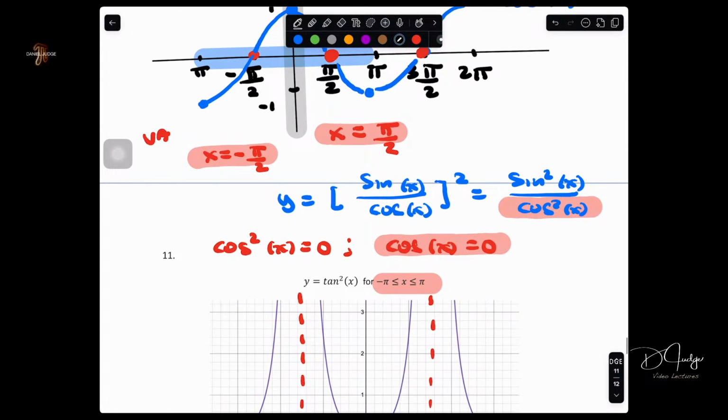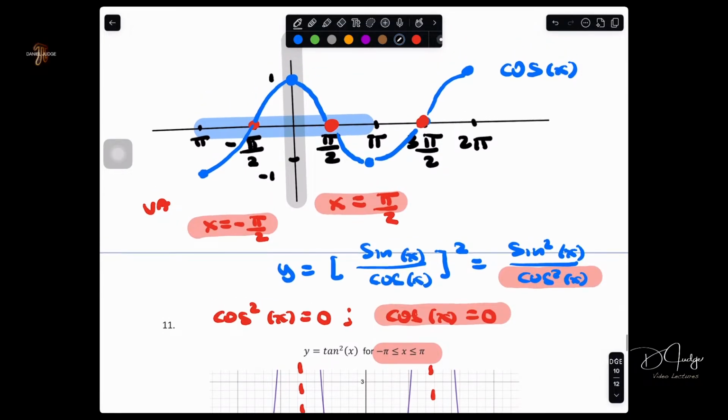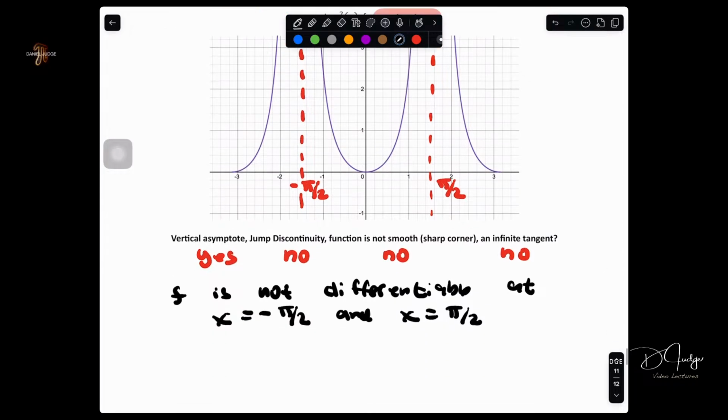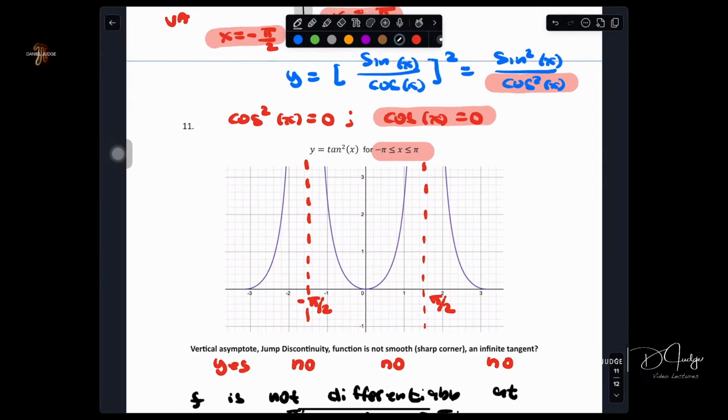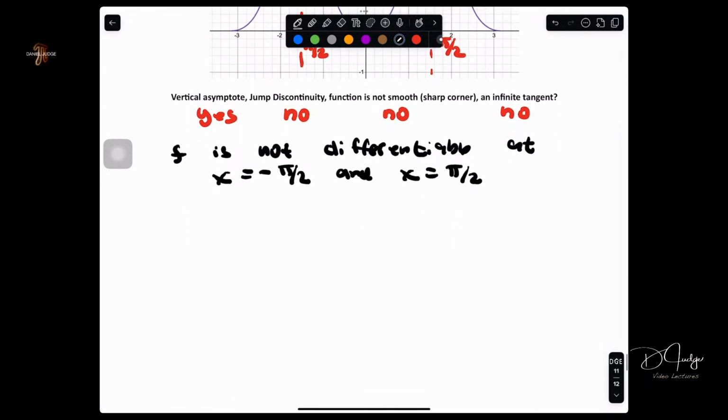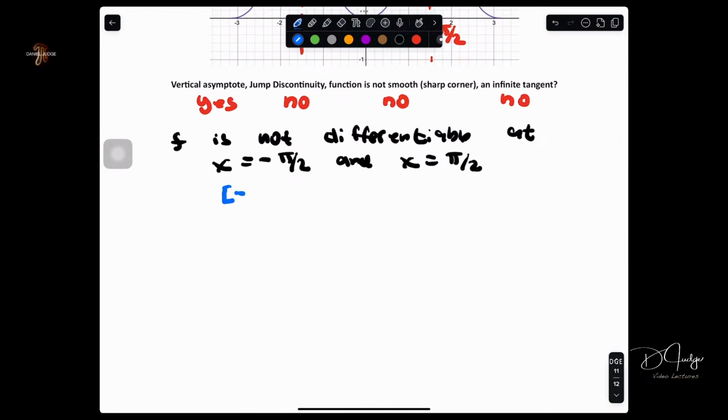You know, solving that trig equation and considering the curve here. Okay, I know we're going backwards, but all right. So as interval notation, though, you're going from negative pi to pi. So what does that look like? Interval notation means we start at negative pi, and as we go to negative pi over 2, we've got an open circle, open interval. Negative pi over 2 to pi over 2, open interval.